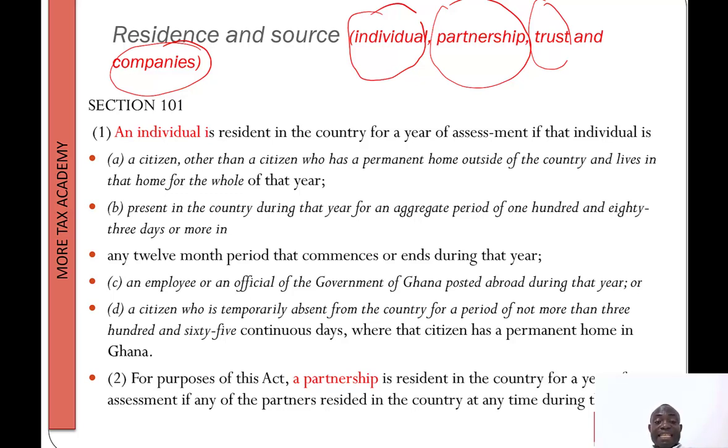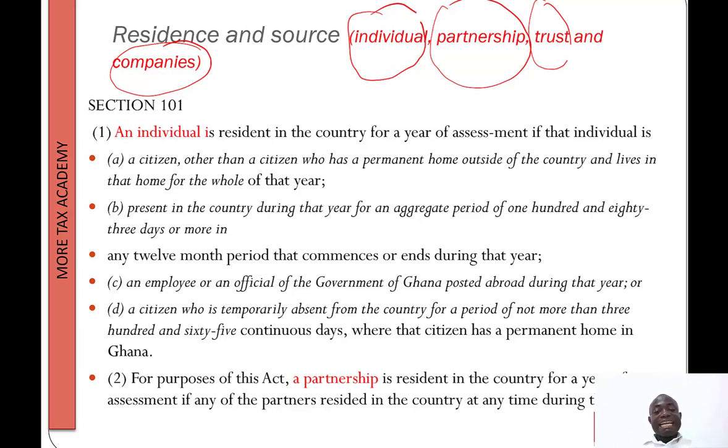But if you're a citizen and you have a permanent home outside of Ghana, then for that year of assessment, that year we want to assess you, we will not consider you as a citizen. It doesn't mean that we are not going to tax you. As long as you fall in the category of a non-resident, we will now have to go to the next step and say, did you earn this income from Ghana? If the source is from Ghana, yes, we must tax you on it.